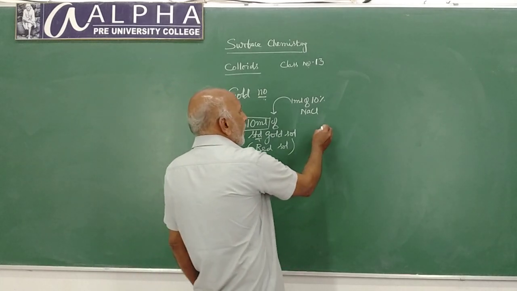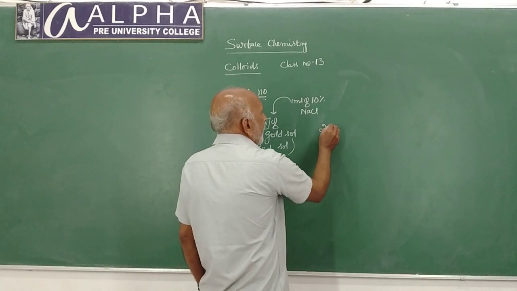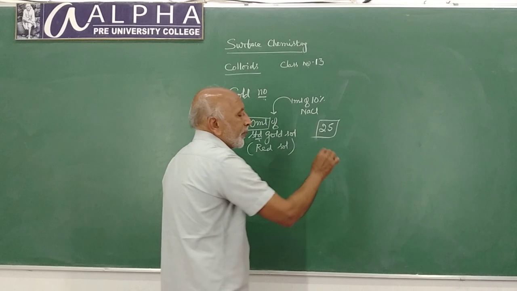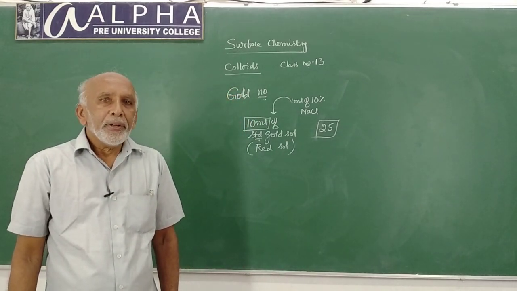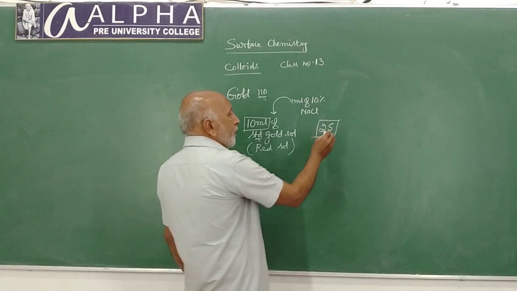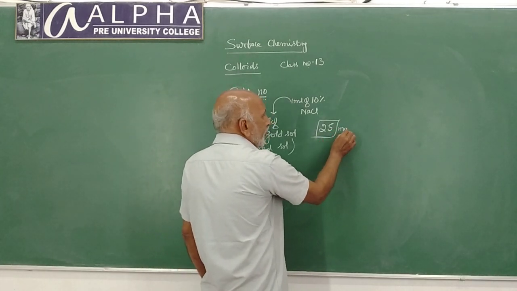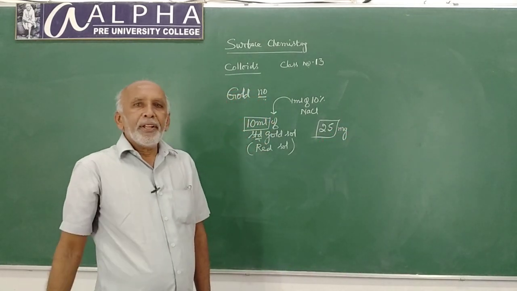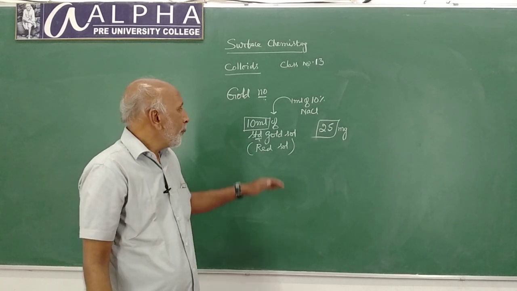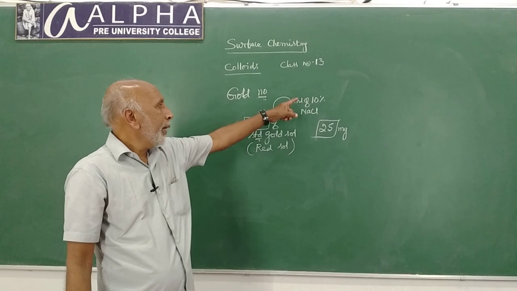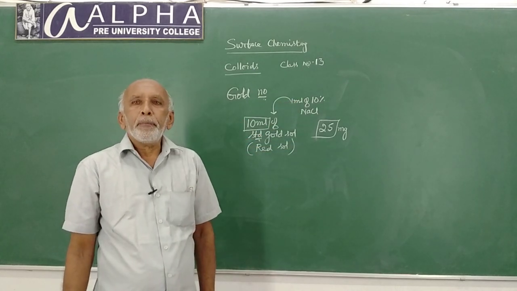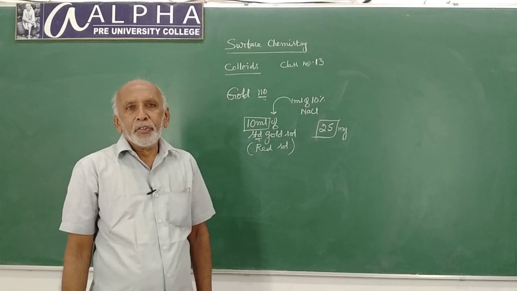See, the gold number of starch is 25. It means 25 milligrams of starch is required to prevent the coagulation of 10 ml of gold salt by the addition of 1 ml of 10% sodium chloride solution.